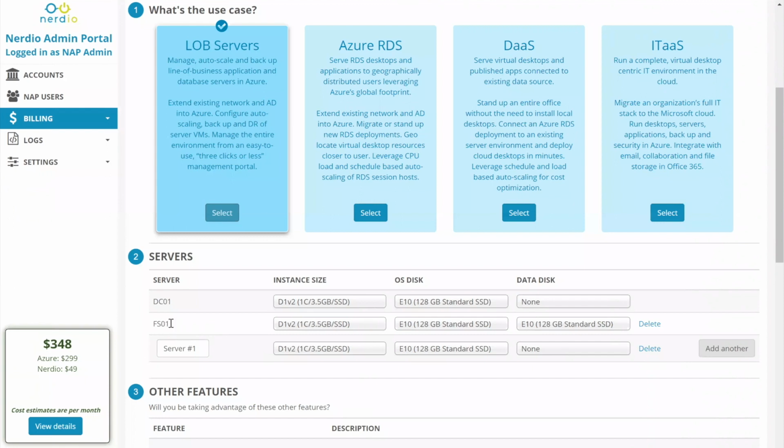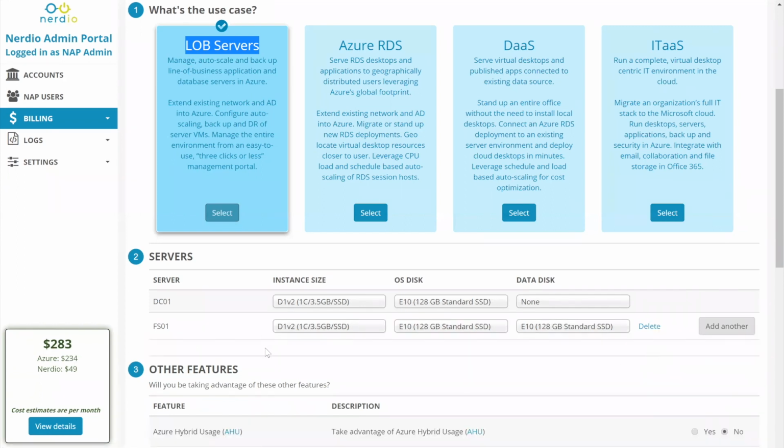So the file server would be used by mounting direct UNC or mapping drives over a VPN or something. And then there is a third server, because why would you be provisioning an Azure environment unless you had some application server, line of business server, as we call it, to actually put into Azure? That's why there are 3. However, we can go ahead and delete them if we don't need additional ones.